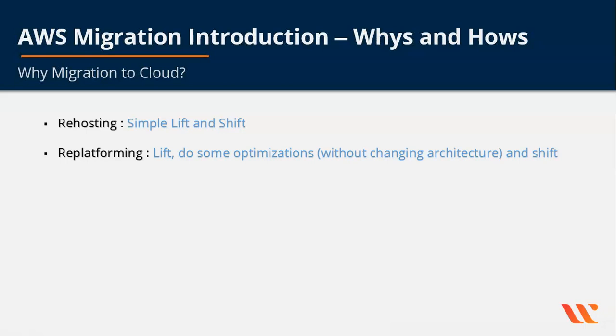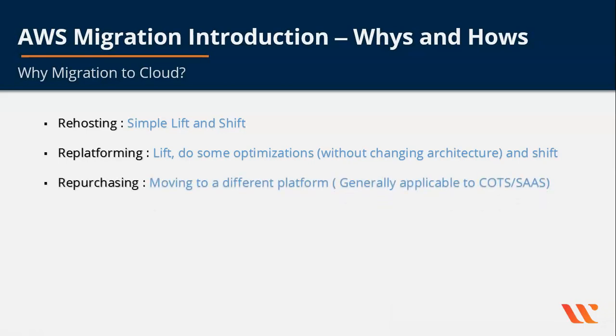The second strategy is replatforming, where you do some optimizations without changing the core architecture of the application and you shift it to AWS. You might find that this is a more realistic scenario and you might be doing this more often than rehosting.